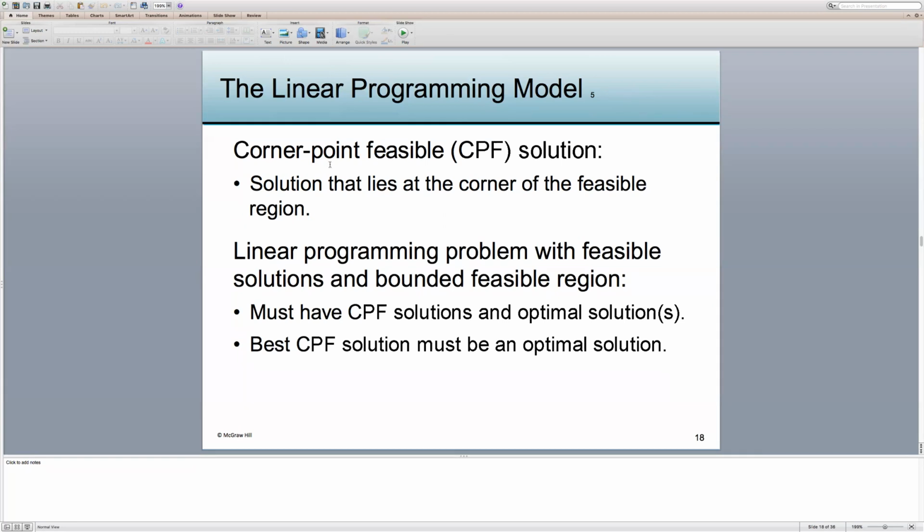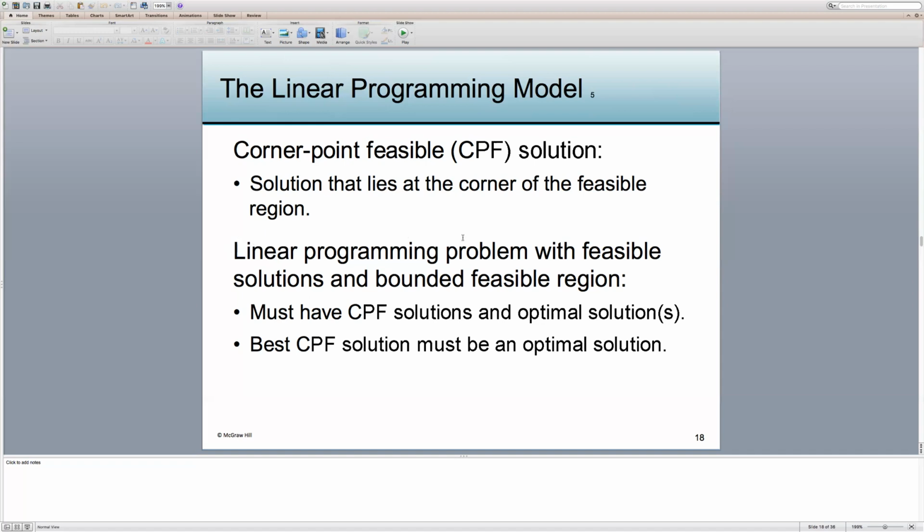In many cases, especially if you're lucky, you will be able to look at just the corner points of your region. A corner point feasible solution is a solution that's at one of the corners of the feasible region. That's what we saw in the window company problem we looked at a few moments ago. And this is really a key fact.